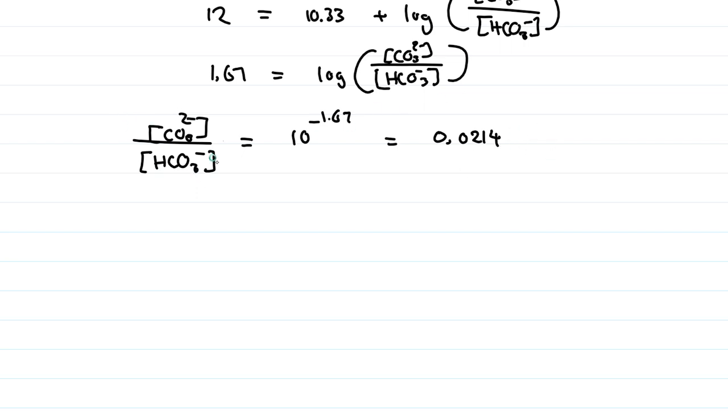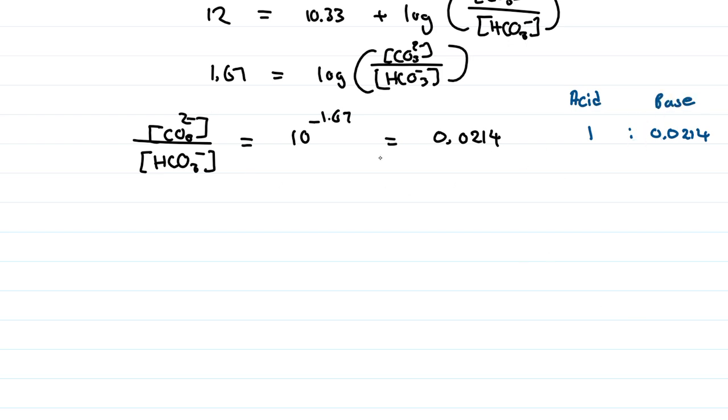So that is the ratio that we were looking for. Remember, this ratio basically means that for every 1 molar of the acid, we have 0.0214 molar of the base. So this is the acid and this is the base.